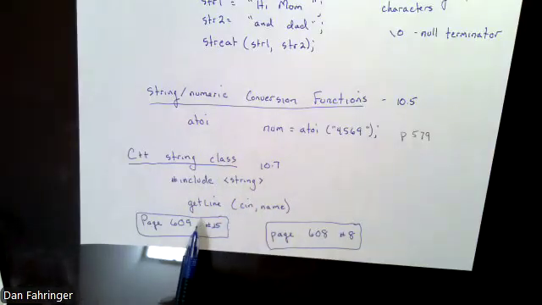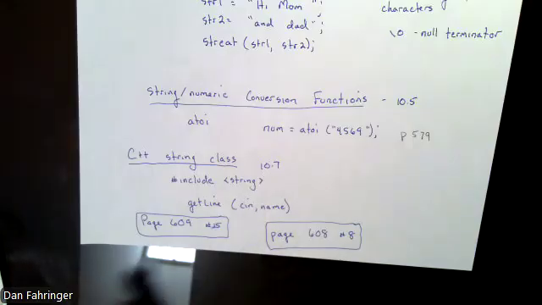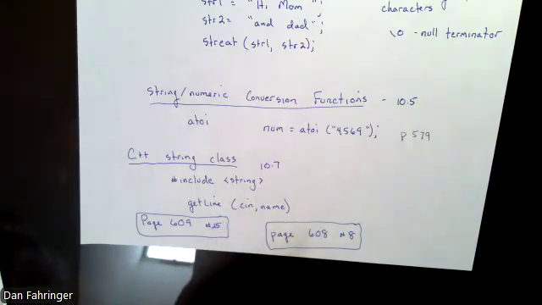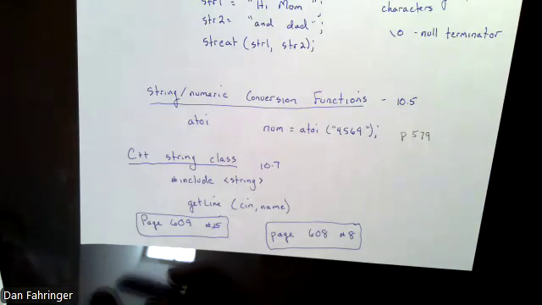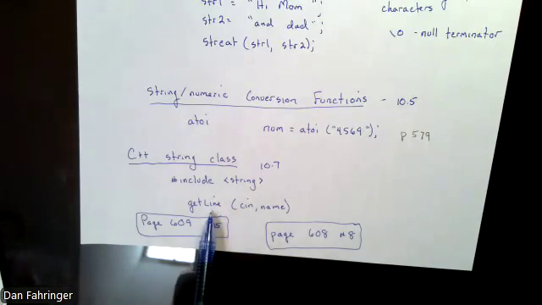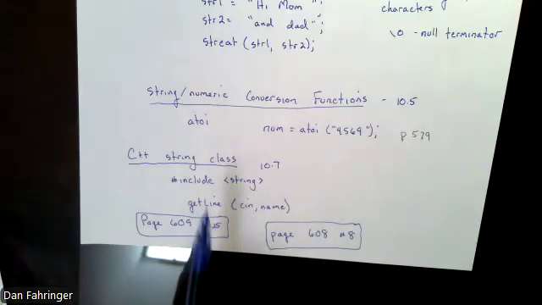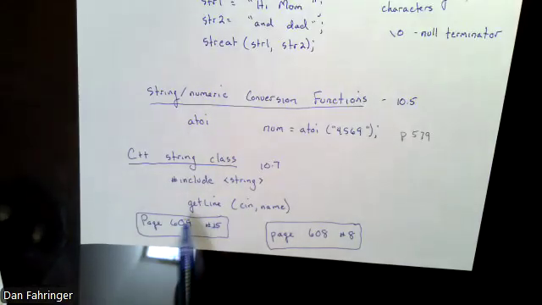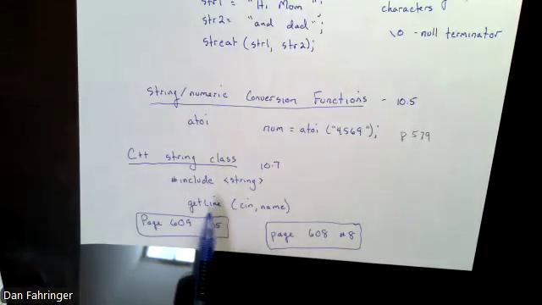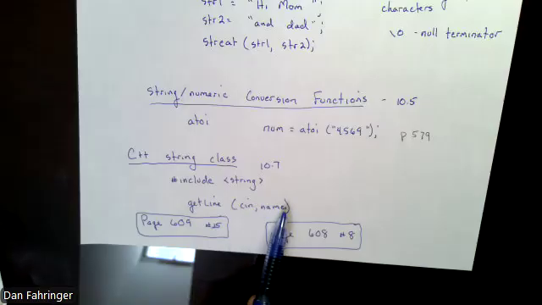And again, here's getline that is really nice because getline will read in the entire thing. Yes, it gets spaces. Excellent, Aster. Yeah, it gets the spaces and some other things, and it gives me the whole thing.